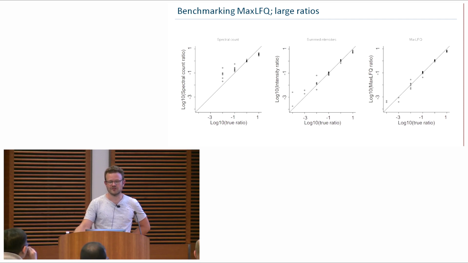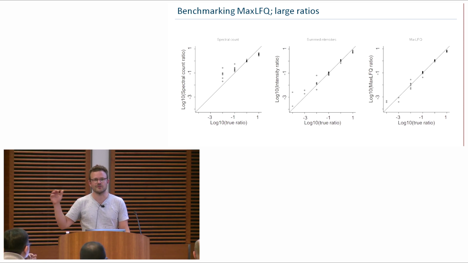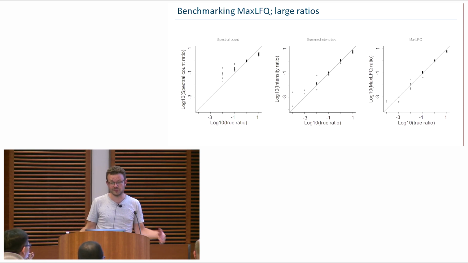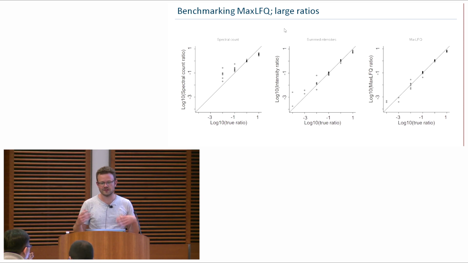This is because the method of spectral counting is just counting the MS-MS events, so only the high abundant peptides are in this data anyway, whereas matching between runs and the overall strategy make it possible to go to very small intensities, which you can already see in the summed intensities, and the MaxLFQ with this very nice way of calculating the intensities is pretty close to the diagonal of this correlation plot.